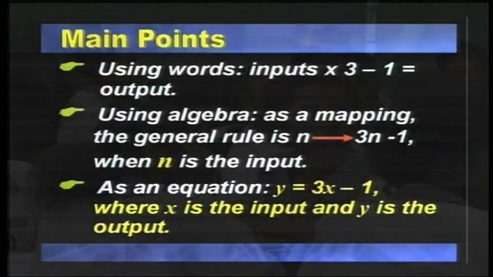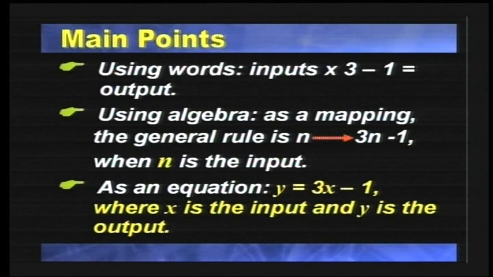Second one, using algebra. As a mapping, the general rule is n arrow 3n minus 1. Still with the same example as the first one, that is how to write it as a mapping diagram when n is the input.